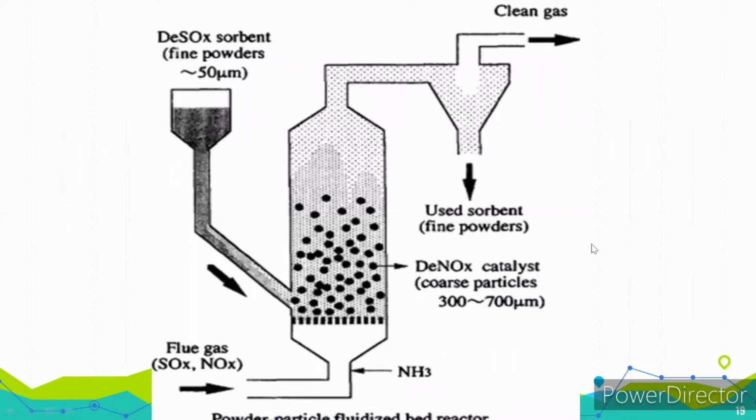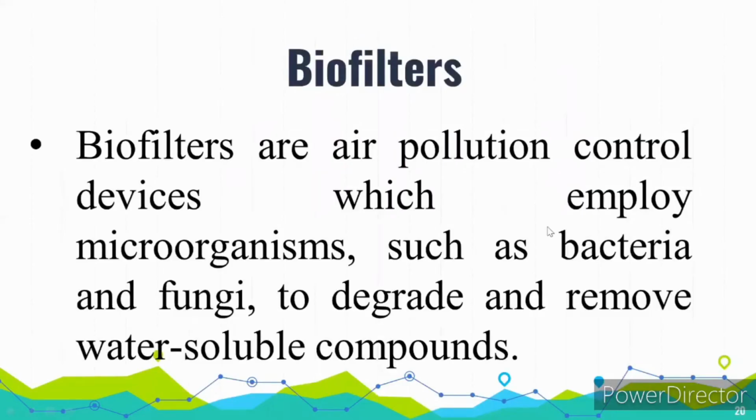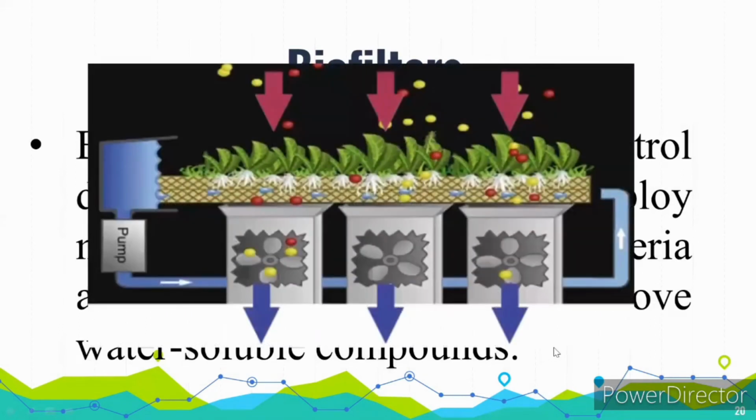Another example of it. Last but not the least, biofilters. Biofilters are air pollution control devices which employ microorganisms such as bacteria and fungi to degrade and remove water-soluble compounds. An example of biofilters is this.